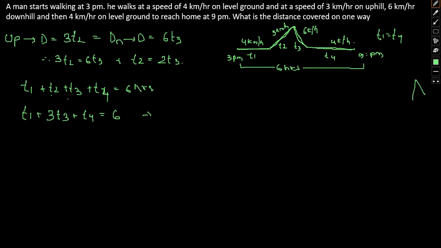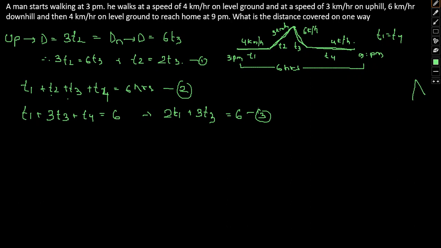So we can write the same as twice t1 plus 3t3 equal to 6. Say this is 1, this is 2, and we can write this one, say this is equation 3. So we can represent the same in this way.